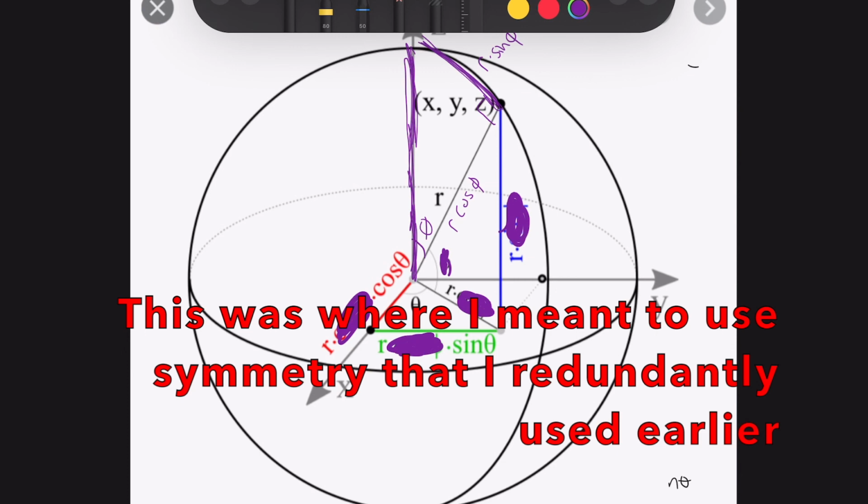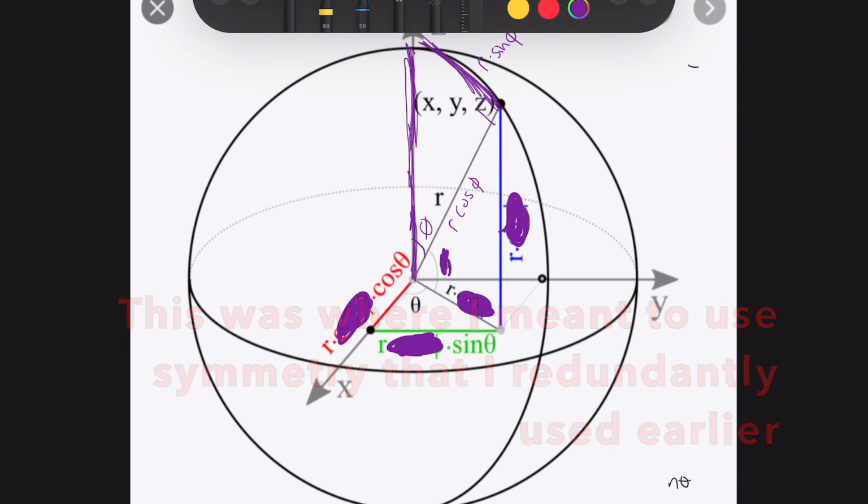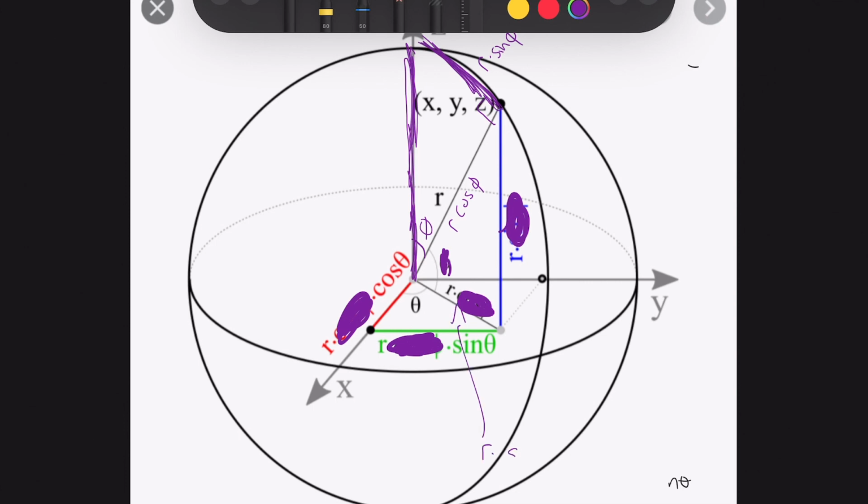And this part here, we'll use the argument of symmetry again. This side here then is r sine phi, which means that this one here is r cos phi. And so now we can go through those same steps that we have. We have this length here of r sine phi.